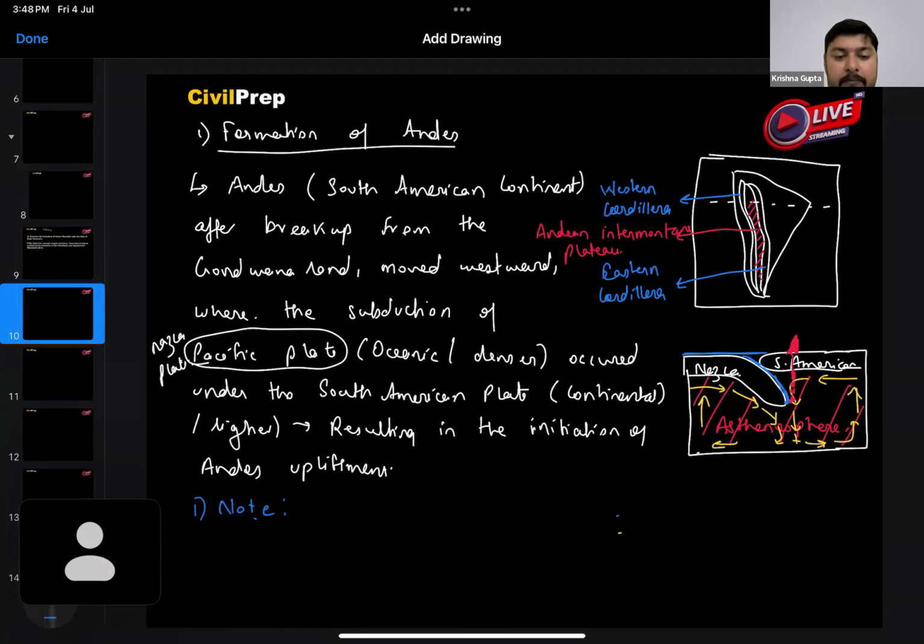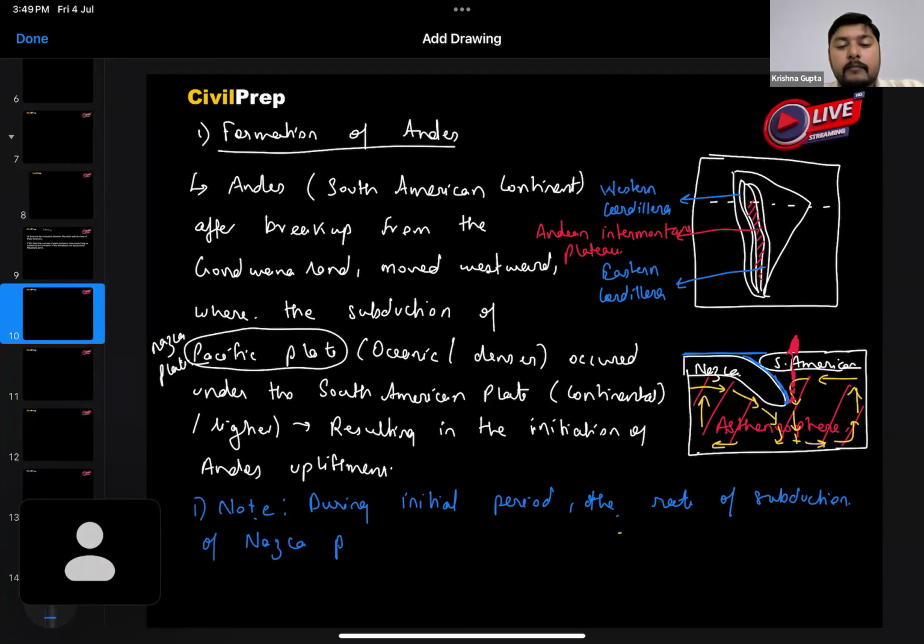During the initial period, the rate of subduction of the Nazca plate was very high, sorry, it was very slow, not high.